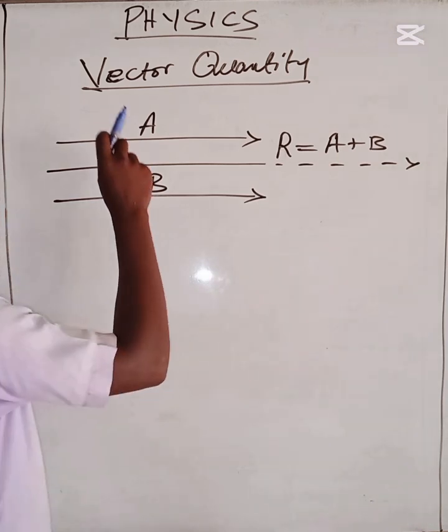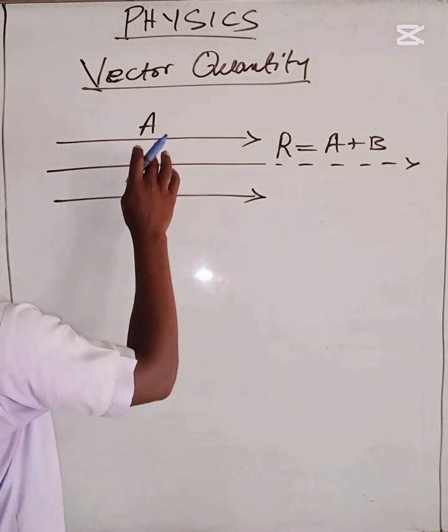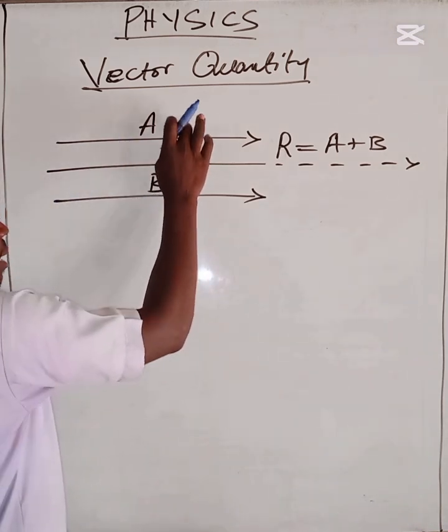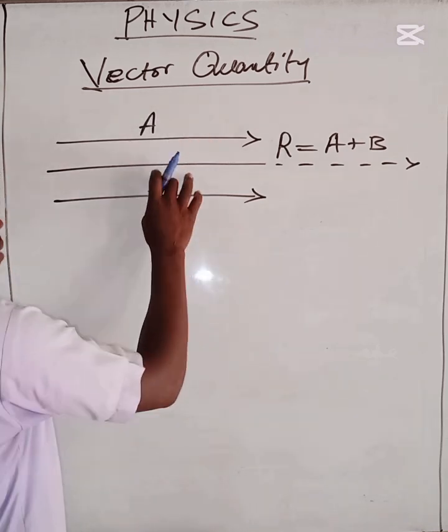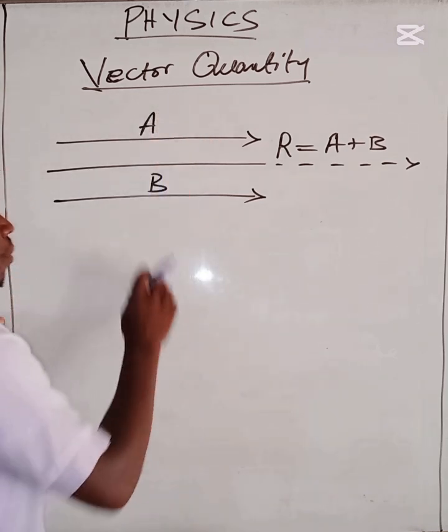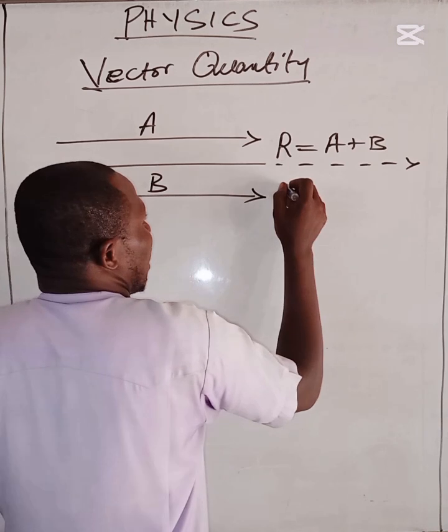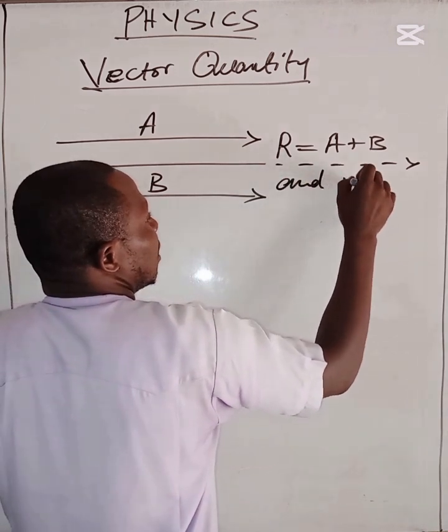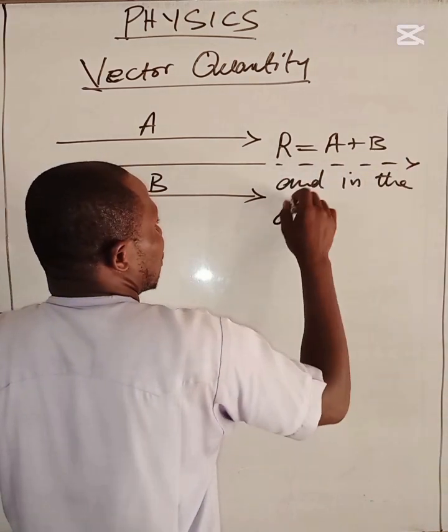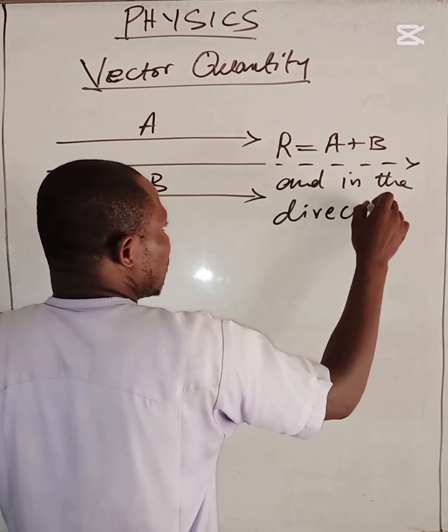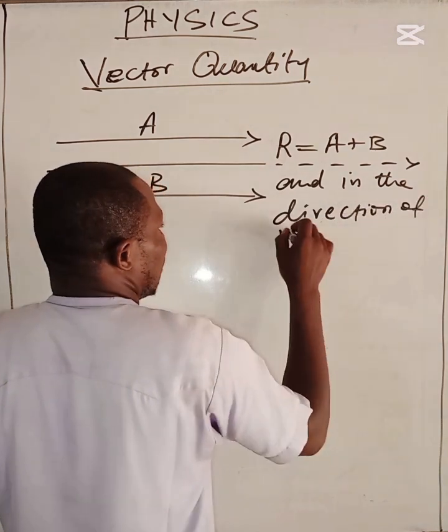Let's assume that vector B is greater than vector A. If vector B is greater than vector A, the direction is going to be in the direction of B.